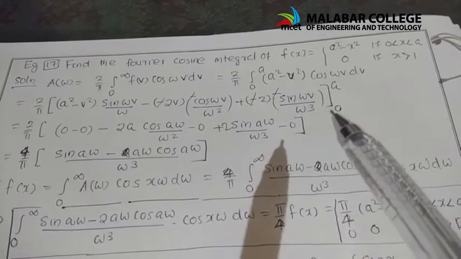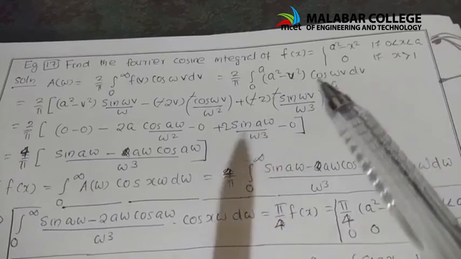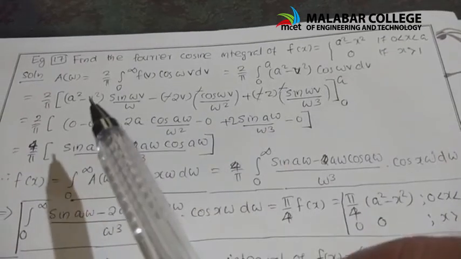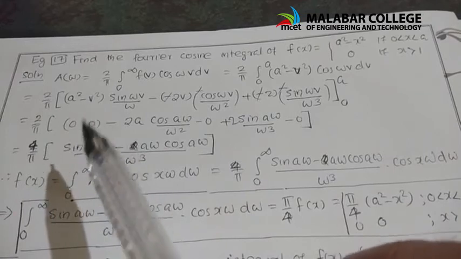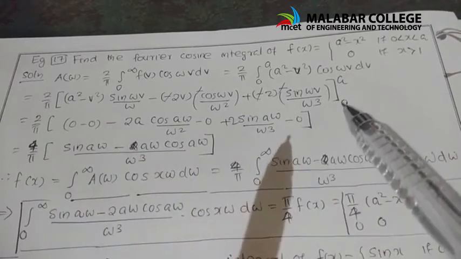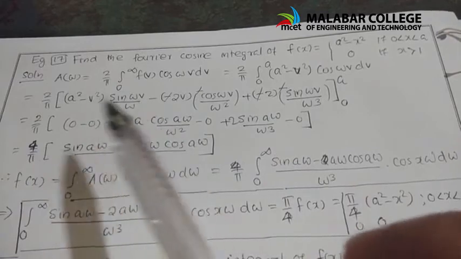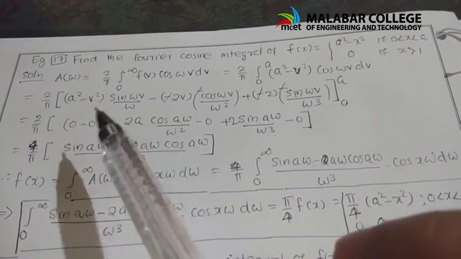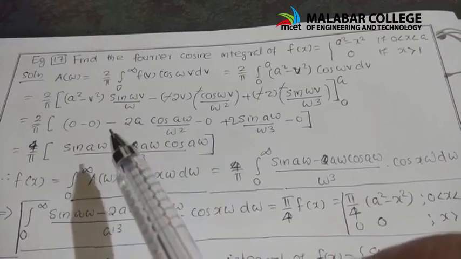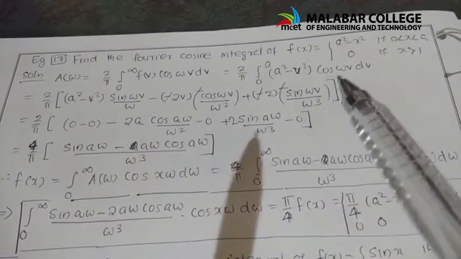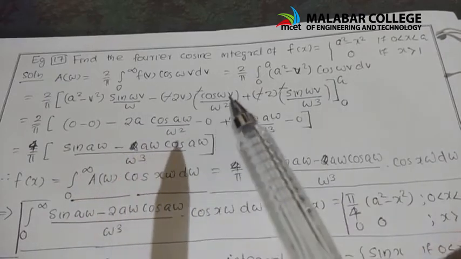And the limit is 0 to a. If I substitute the upper limit a here, a² − a² is 0. For the lower limit 0, sin 0 is 0. So note that the first two terms are completely 0, 0 minus 0. Then minus of minus: substituting a here, 2a into cos aω by ω² will come.